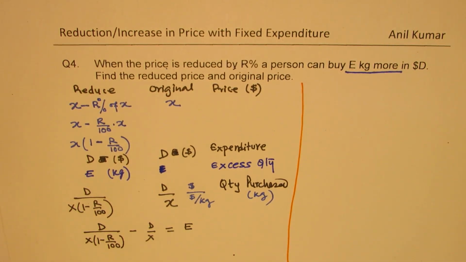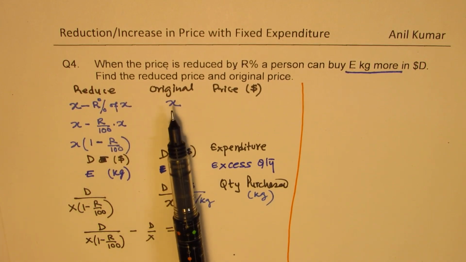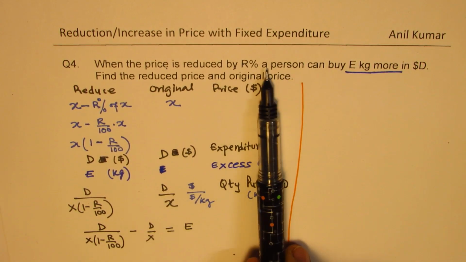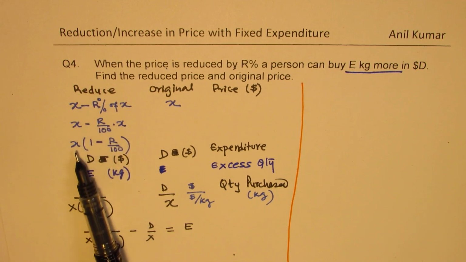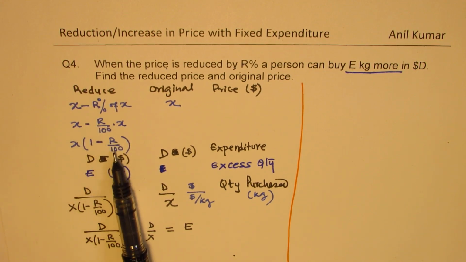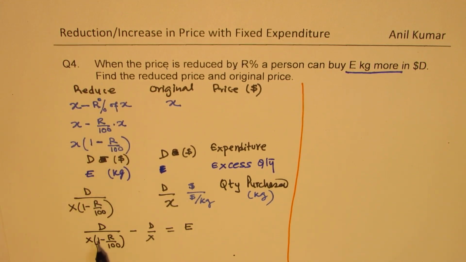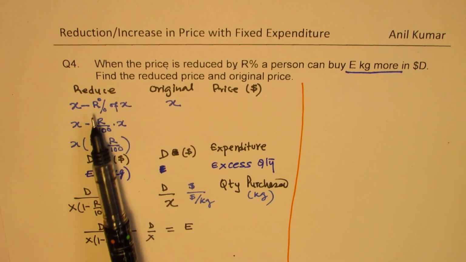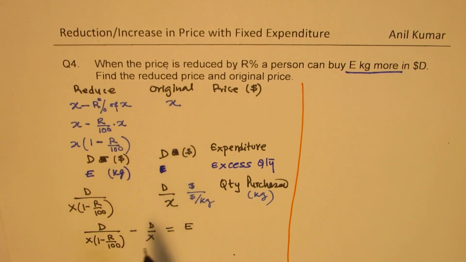When the original price is X and it has been reduced by R%, then the reduced price is X times 1 minus R over 100. And therefore, you can buy more quantity. Dividing the dollar value with the rate, we get the quantities which you can buy with the reduced price and with the original price. And the excess amount E is there.